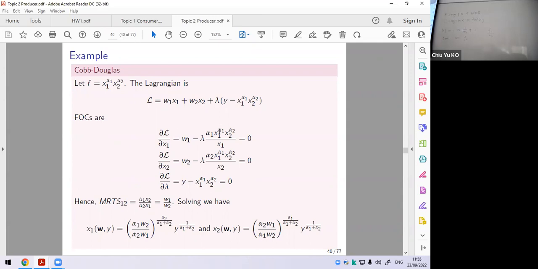So if alphas are the same, the expenditure on each good will be the same, right? So you will end up seeing something like this, okay? Something complicated, but this is the standard thing we have here. Okay, I mean, it looks terrible, but it shouldn't be difficult for you.